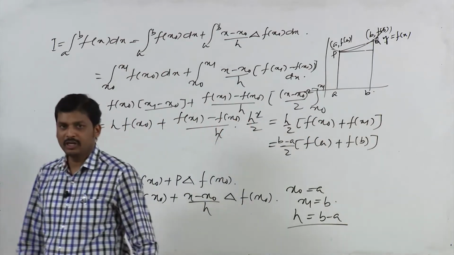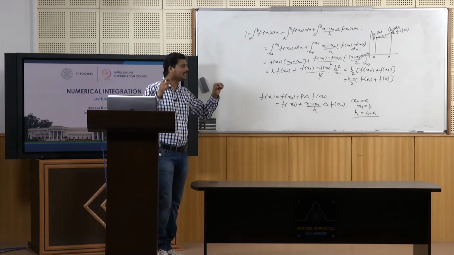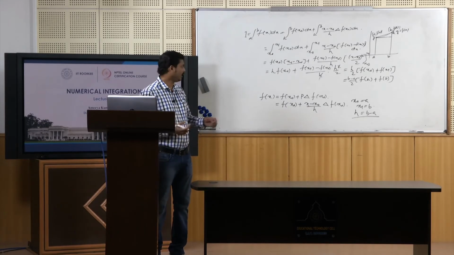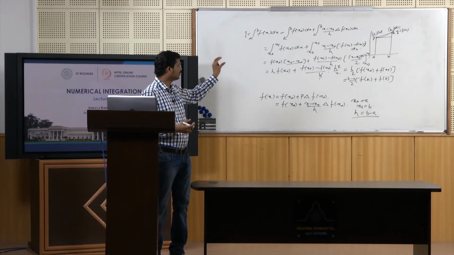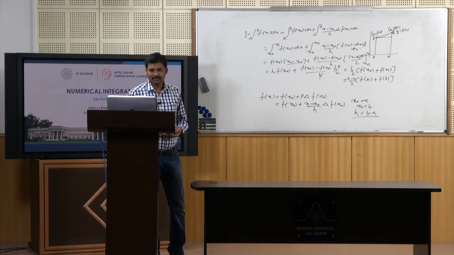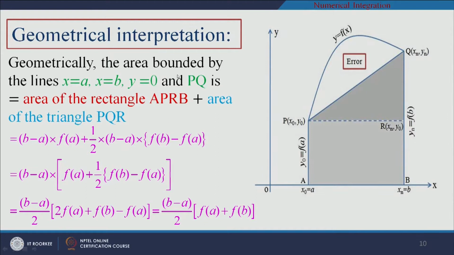If we calculate the area of this rectangle and the area of this triangle, we get the total area under these two sections as ((b − a)/2)(f(a) + f(b)). Geometrically, the area bounded by the lines x = a, x = b, y = 0, and the line PQ is the area of the rectangle APRV plus the area of the triangle PQR.